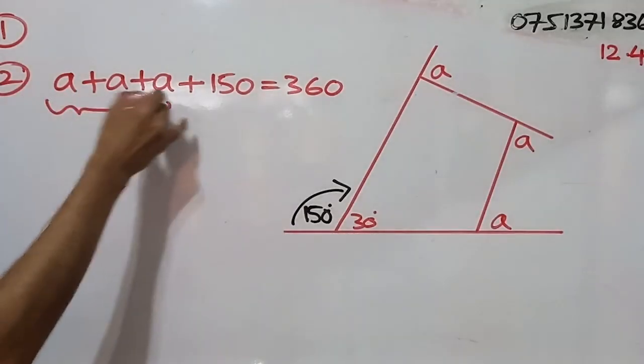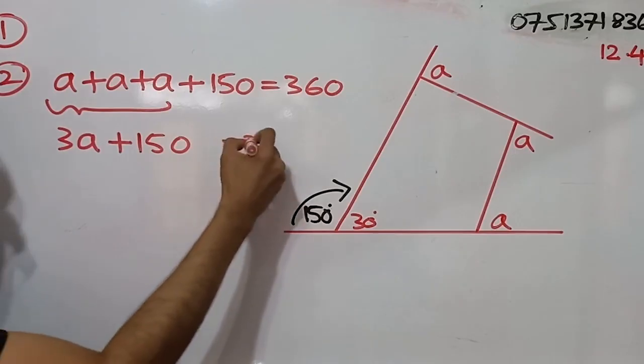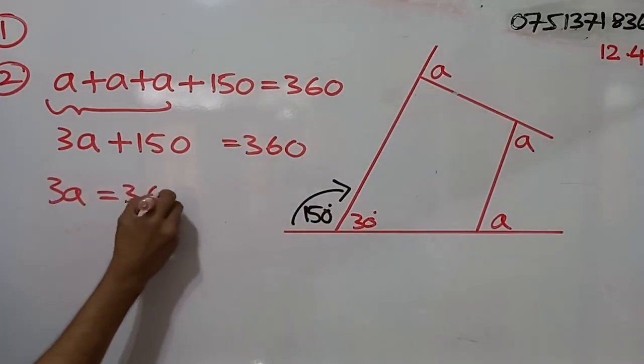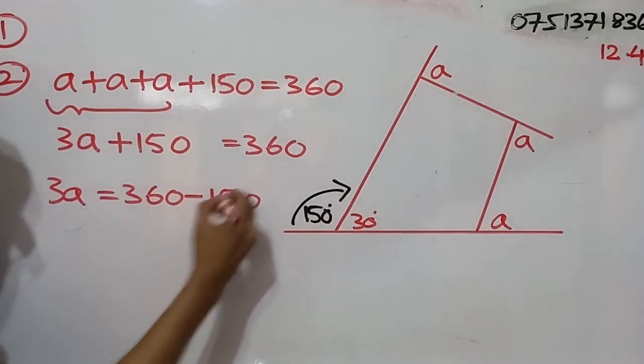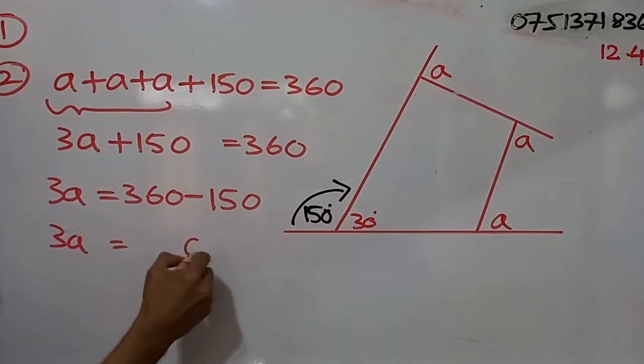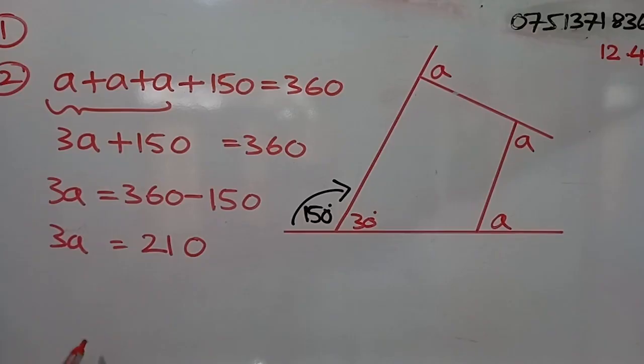So we can simplify these as 3A plus 150 is equal to 360. So 3A is equal to 360 minus 150. So 0 minus 0, that's a 0. 6 minus 5, that's a 1. 3 minus 1, that's a 2.